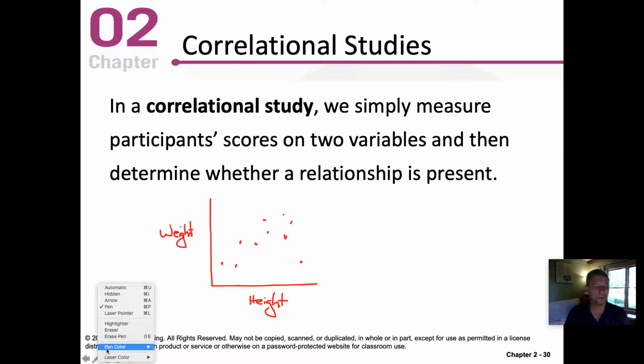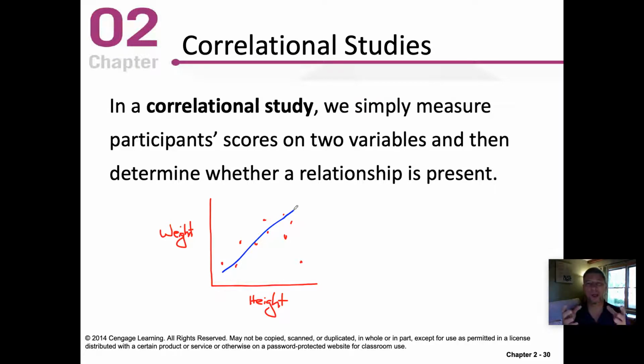And so in this case, there's probably a weak relationship here. As height increases, weight increases as well. Now, are there some very skinny tall people? Yes. Are there some very heavy short people? Yes. Are there some very skinny short people? Yes. Are there some very heavy tall people? Yes. But on average, in a correlational study, we're looking for that relationship.